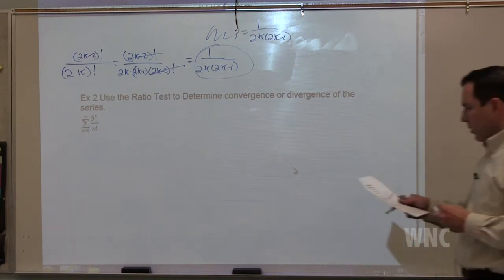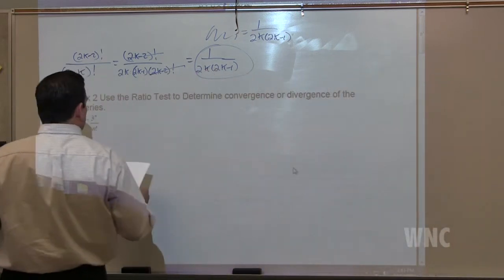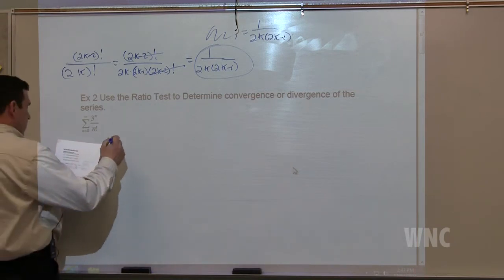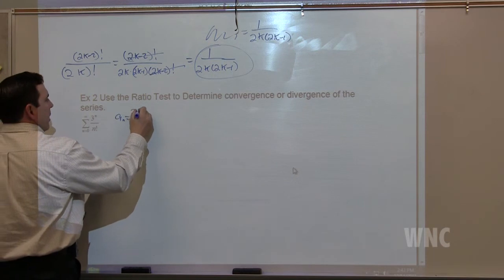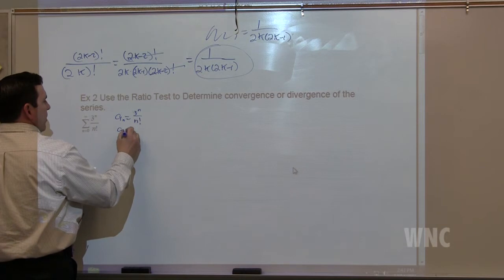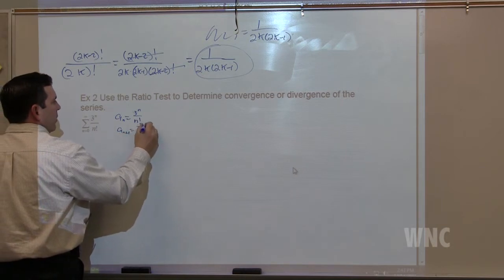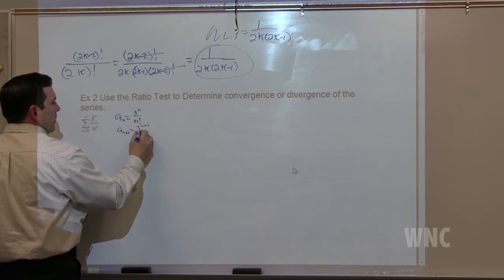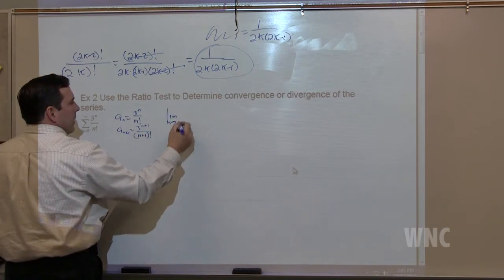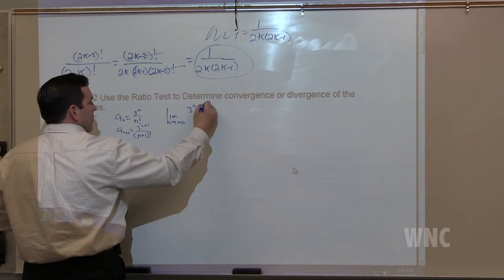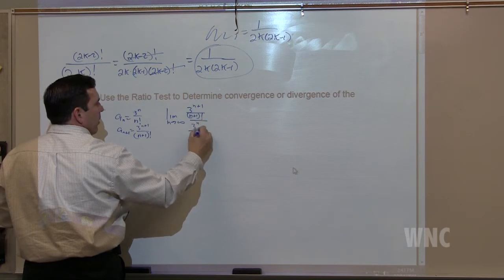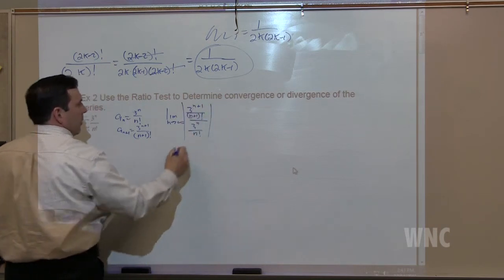So the instruction is, use the ratio test to determine convergence or divergence of the series. Our a sub n is 3 to the n over n factorial. A sub n plus 1 would be 3 to the n plus 1 over n plus 1 factorial. So we'll do the limit as n goes to infinity of 3 to the n plus 1 over n plus 1 factorial over 3 to the n over n factorial, which is the absolute value.